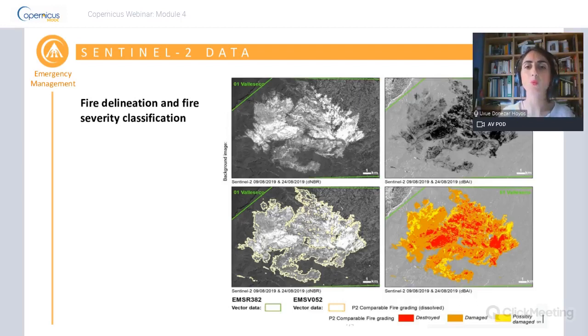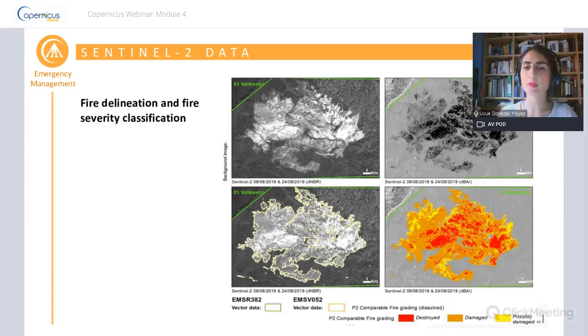With Sentinel-2, we can calculate the normalized burnt ratio, and having the pre-event and the post-event image, we can calculate the differential between both ratios, and with that make a classification of fire severity into destroyed, damaged, and possibly damaged categories. Also, here on the left, you can see the delineation of fire that is really very straightforward with Sentinel-2, sometimes more than with other sensors.